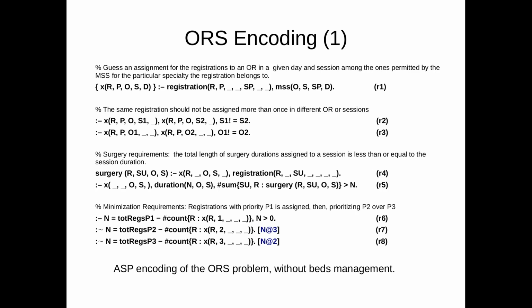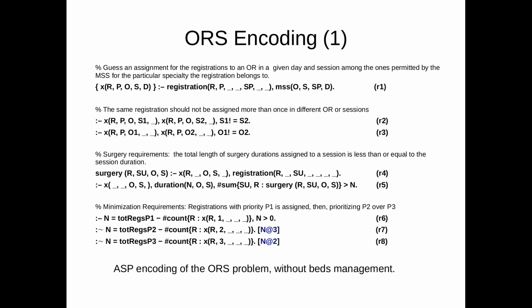So the last rules basically show the minimization requirement of registration with priority 1. So we want all P1s to be assigned, and registration R with priority 1 basically shows a registration with priority 1 should be counted, and it should be checked with the total number of P1s, and if that is greater than 0, it is not possible.